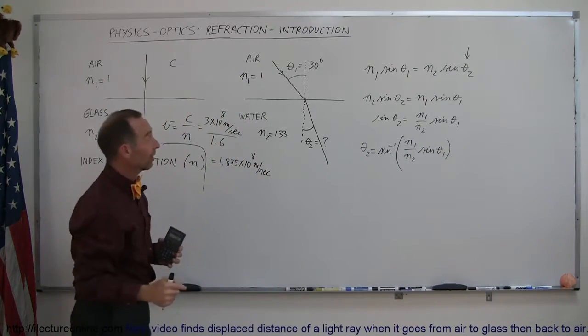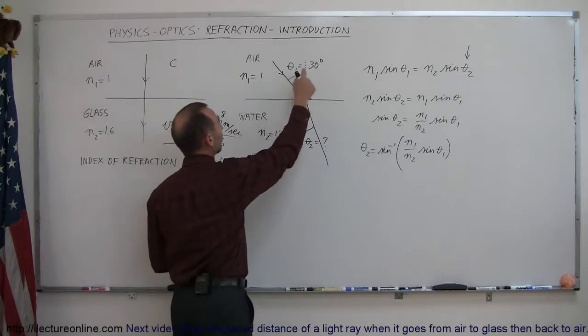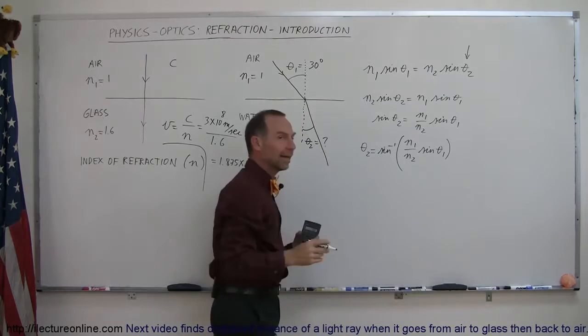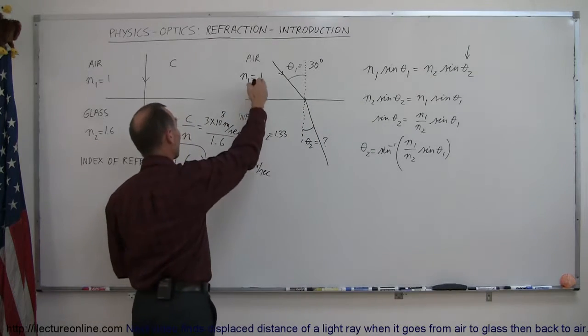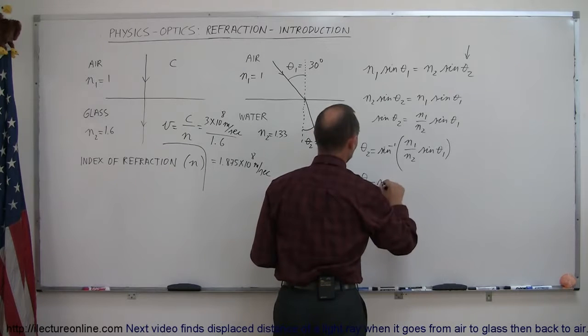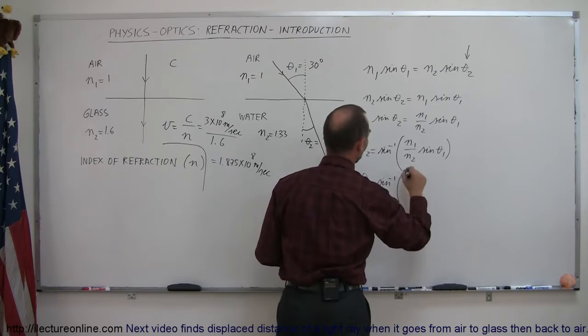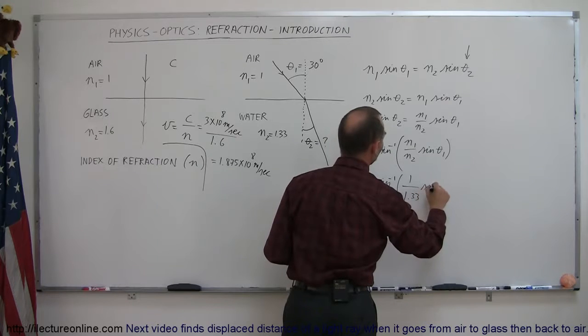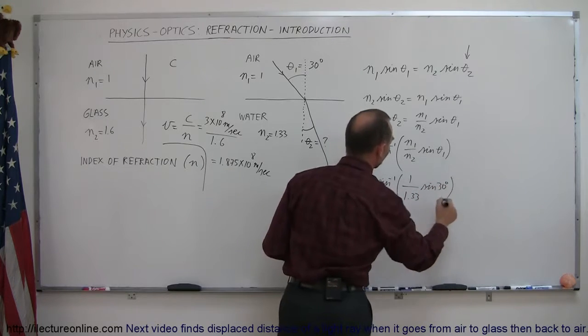Now plugging in the values that we have, so we know that theta sub 1 is 30, n1 is 1, and n2 is 1.33. In this particular case, because it's from air into water, we can say that theta sub 2 is equal to the arc sine of n1, which is 1, over n2, which is 1.33, times the sine of 30 degrees.